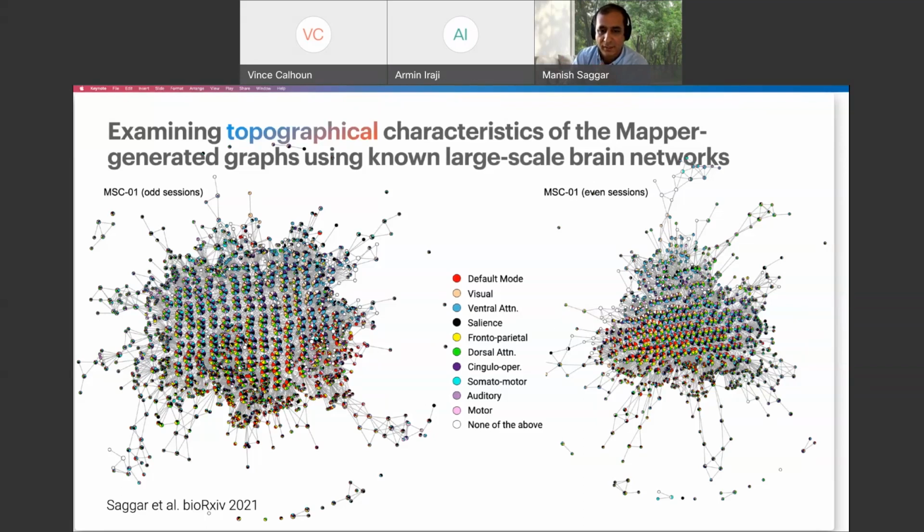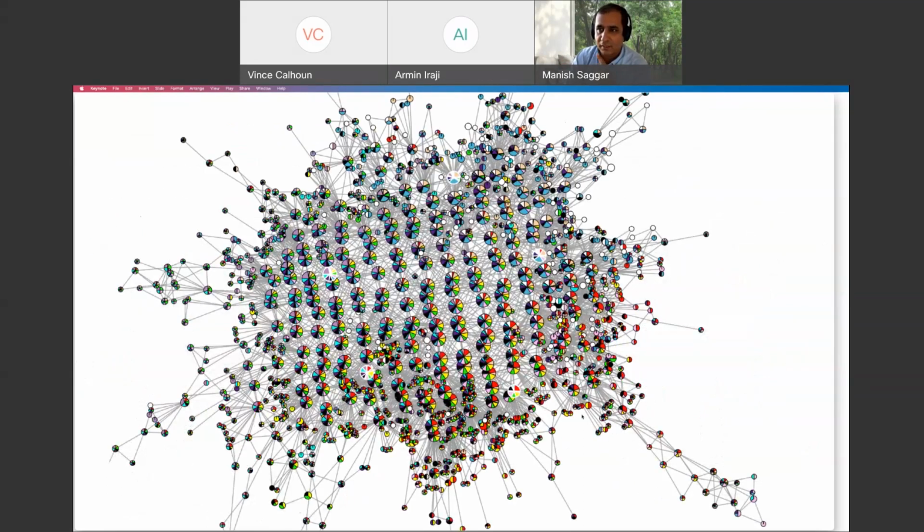maybe if you go to the next slide, if you look at this one person's manifold from odd sessions only, you will see that the red, which is the default mode network, actually for some reason looks like a map of the US, but the southern border has its default mode network more in the majority, whereas if you go up northeast, you have the ventral attention network, this blue color, more dominating in addition to some visual network.